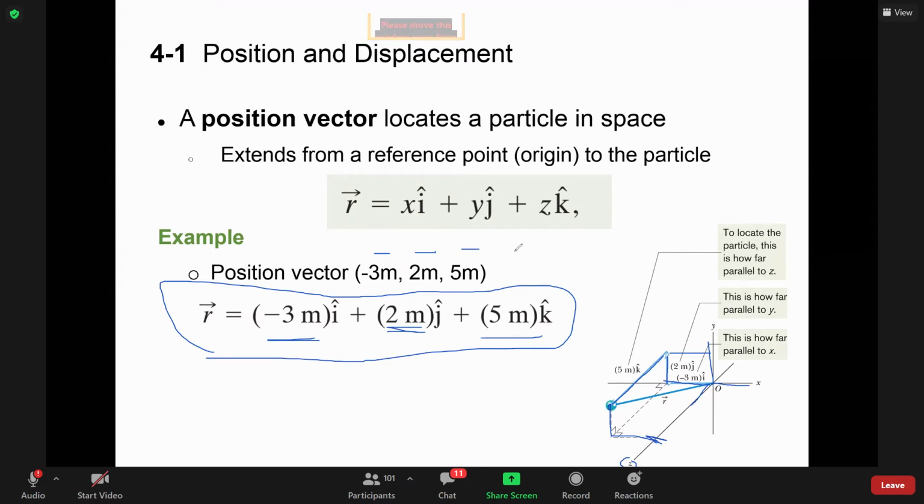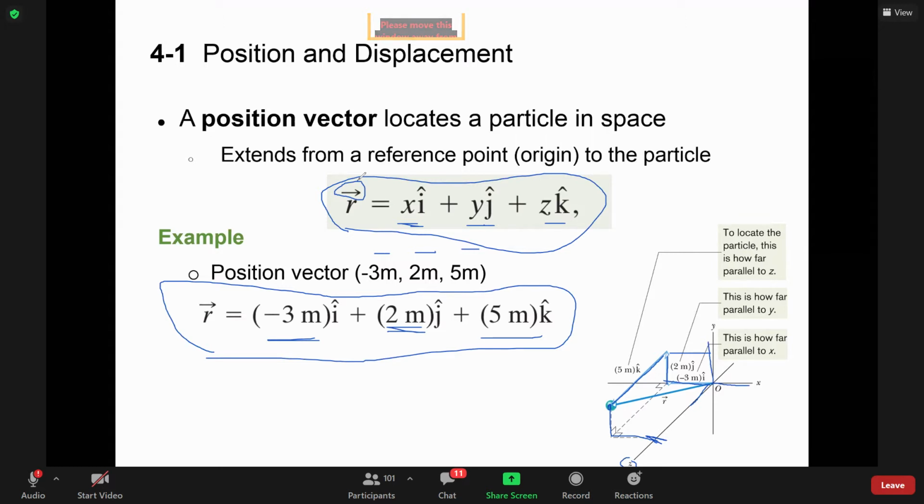So now my position vector is represented by 3 different vectors. From now on, I put an arrow. Why? Because now we have a complete vector. Before, in 2 dimensions, we avoided putting the arrow on vector quantities like position and displacement, because we only have 2 directions, either positive X or negative X, so it's already represented.